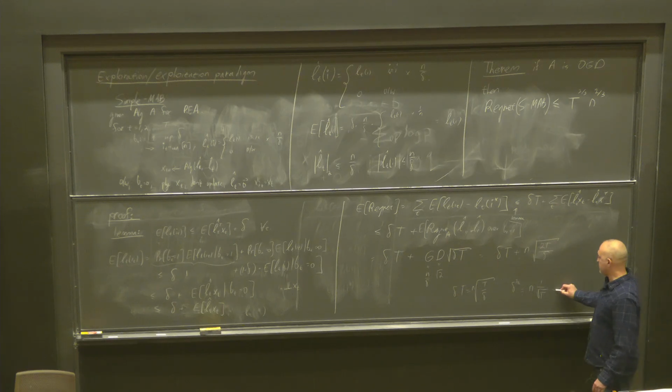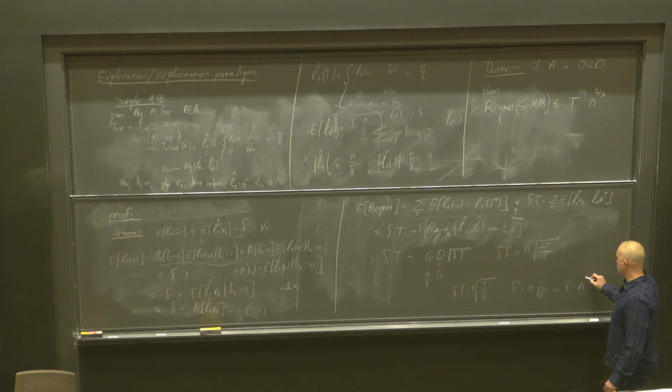And this means delta needs to be n to the 2/3 t to the negative 1/3. I think if my calculation is correct.